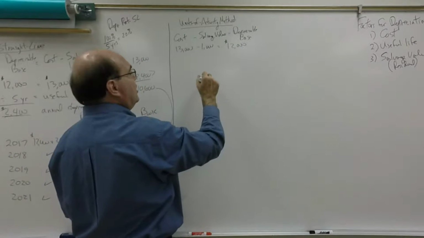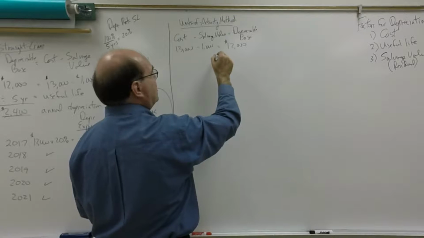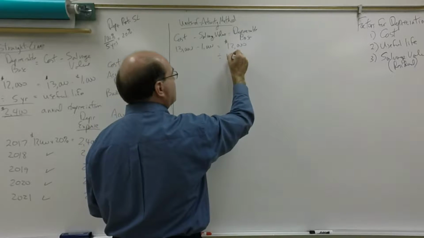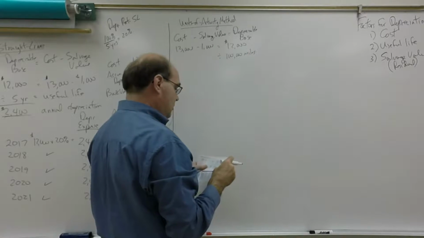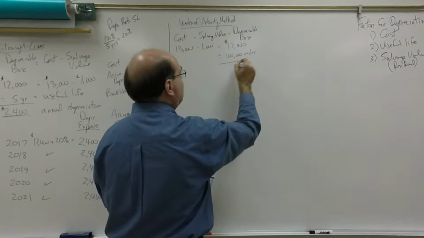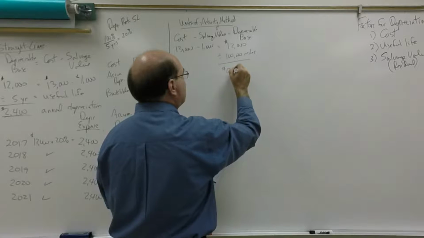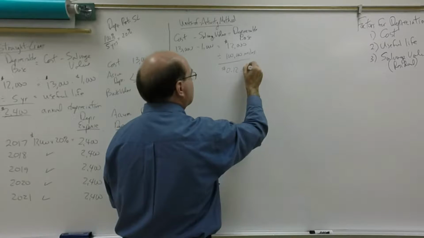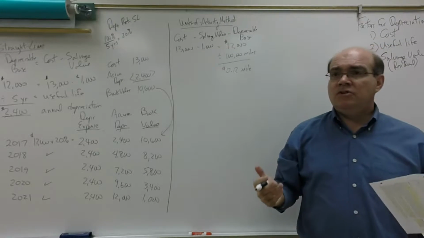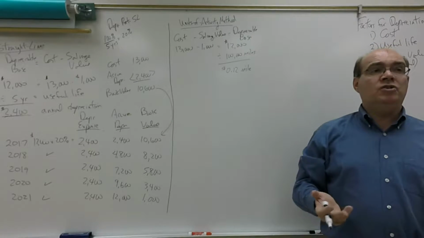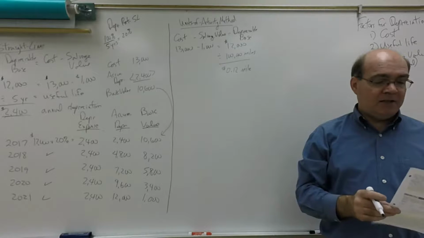What we do here then is we take that depreciable base and we divide it by 100,000 miles. And if we do that, that works out to be 12 cents a mile. So we figure every mile we drive this asset, this truck, it's going to go down in value. We're going to use up 12 cents worth of it, which kind of makes sense.